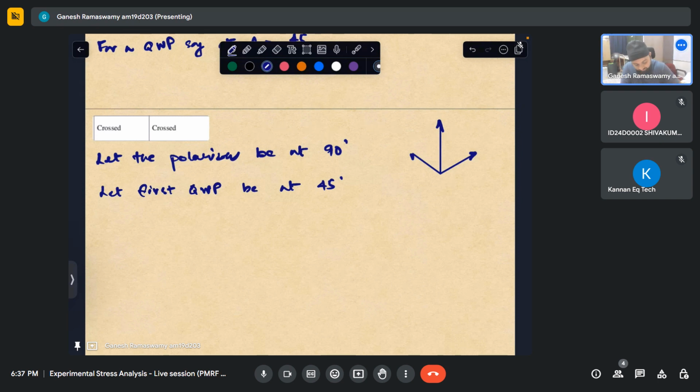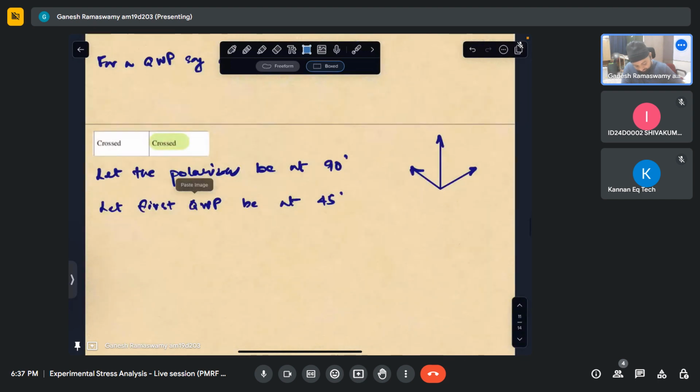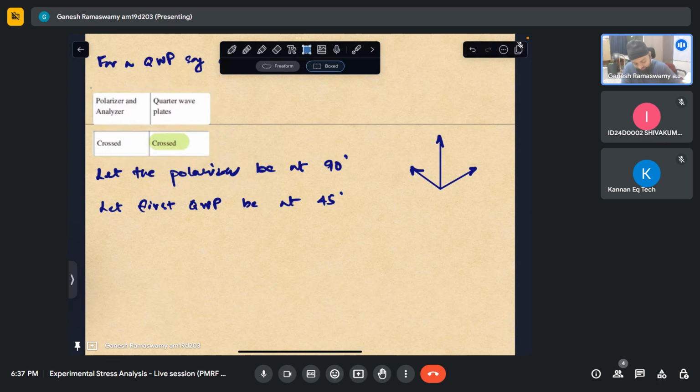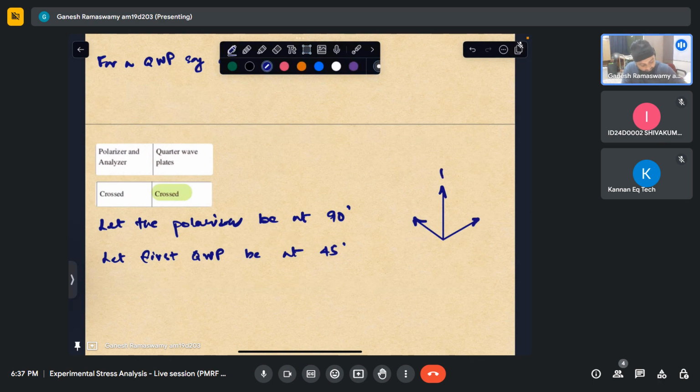Very well. Now, from this part, saying that this is crossed, one minute, let me take the heading also so that there is no confusion. Okay, so this is what we are looking at. This is the polarizer.